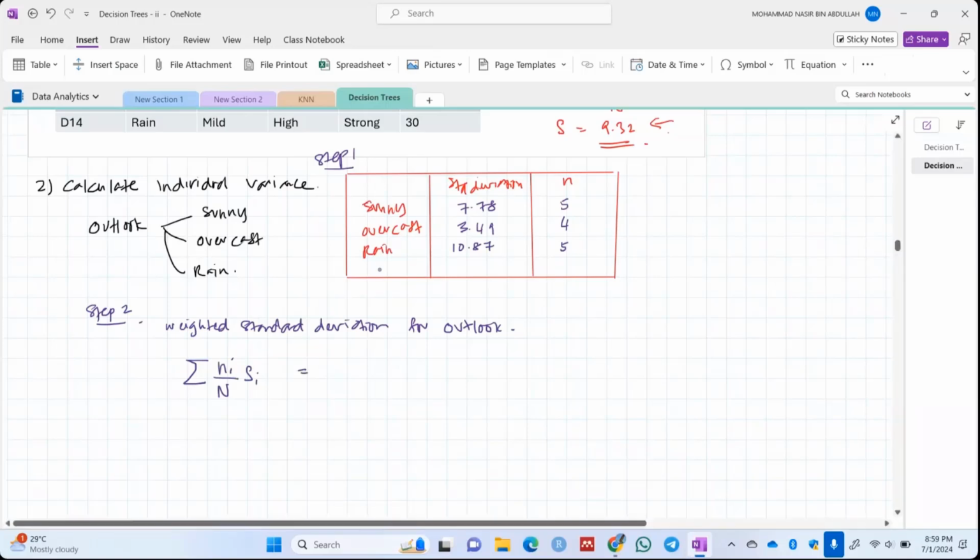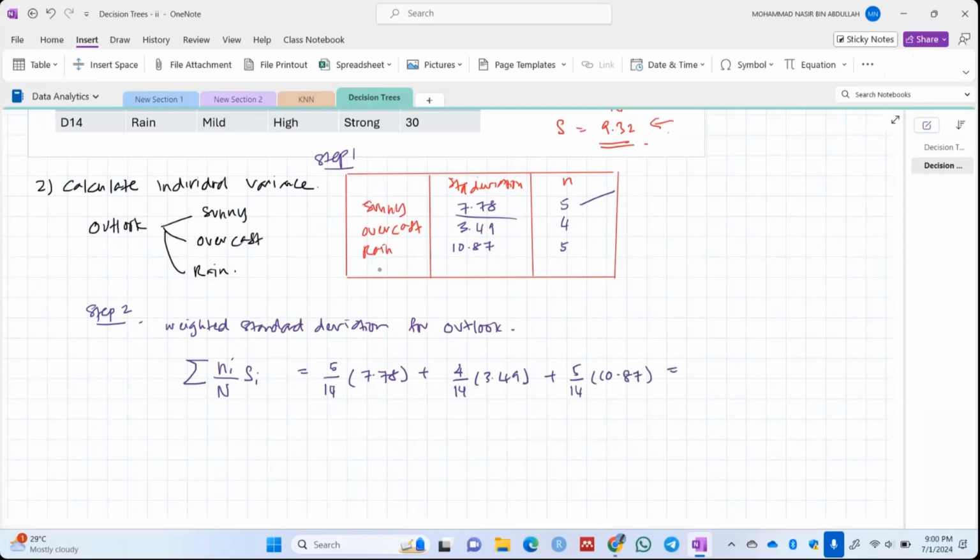So in this case, we have 5 observation for sunny out of how many observation we have? 14, right? So 5 over 14 multiplied with the standard deviation 7.78 plus 4 over 14 times 3.49 plus 5 over 14 multiplied with 10.87.